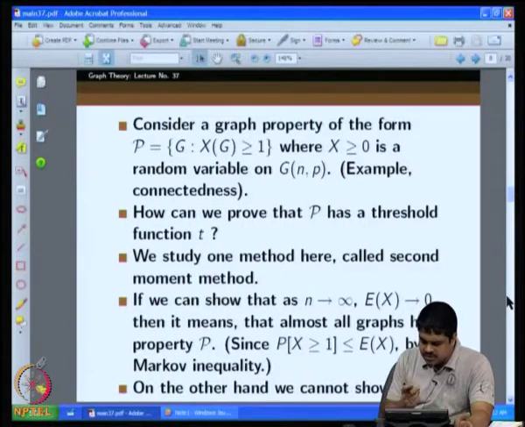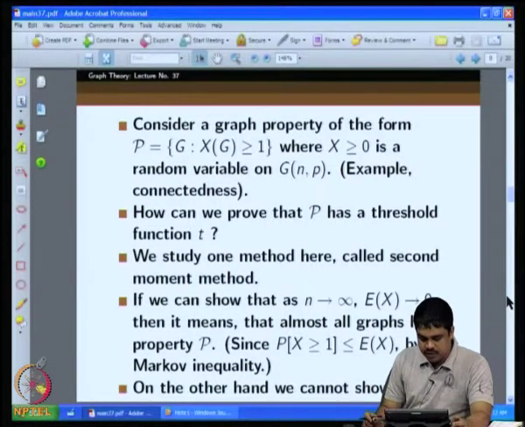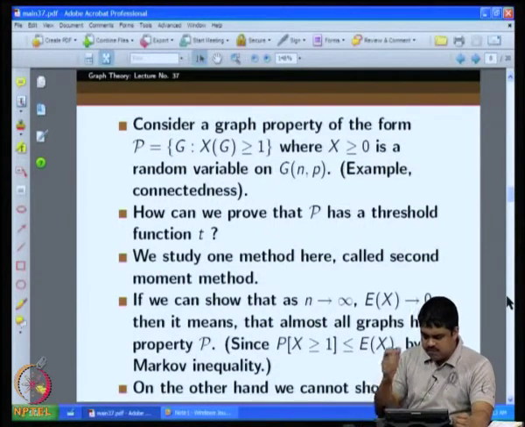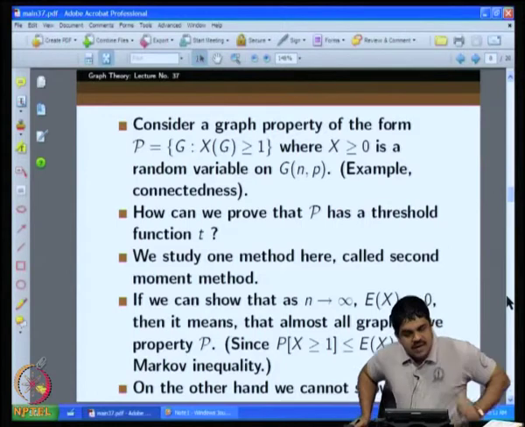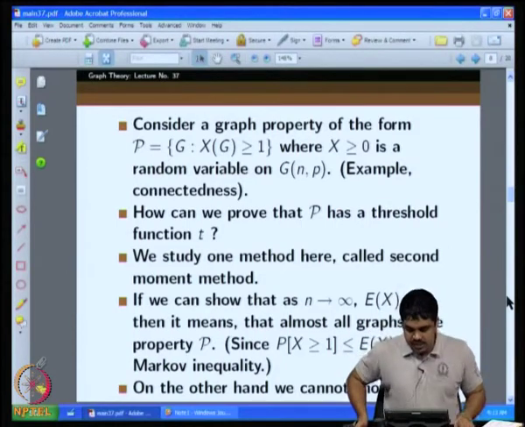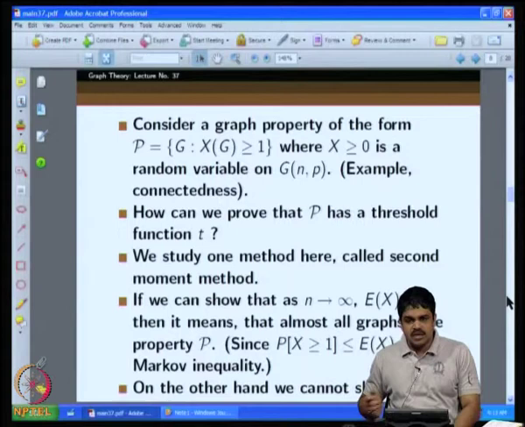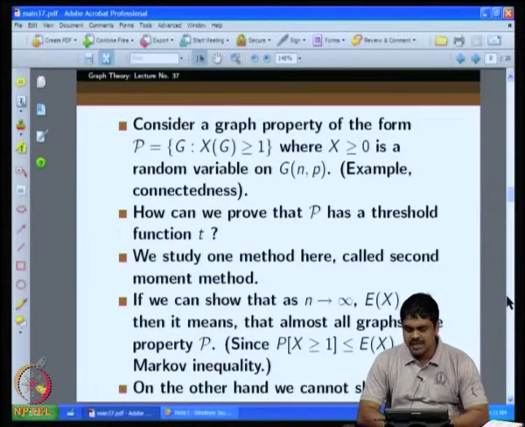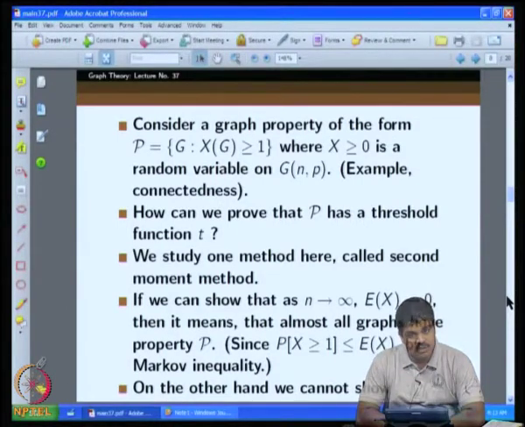So, the question here is, how will we prove that such a property has a threshold function? This is where we use the second moment method. One easy observation is that you can use the expectation. Suppose you can somehow show that the expectation of X, this random variable, tends to 0 as n tends to infinity.